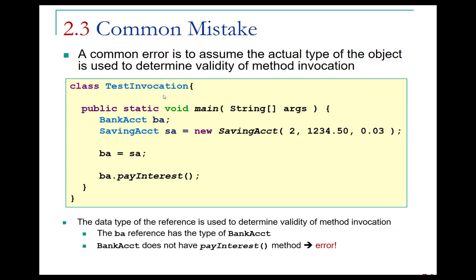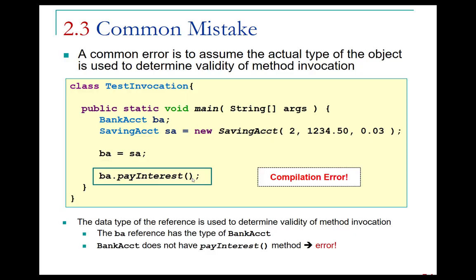It may seem that the Java Virtual Machine is smart to resolve the right method to use, as shown in the last slide. But the compiler at compile time does not do any analysis on the actual type of the object. That is to say, BA, which is declared as a bank account, with the method call to pay interest, will cause an error because as a bank account, it doesn't have a method to pay interest.